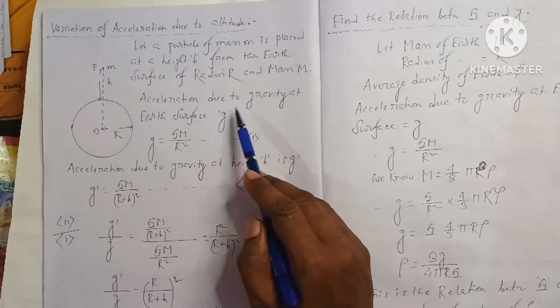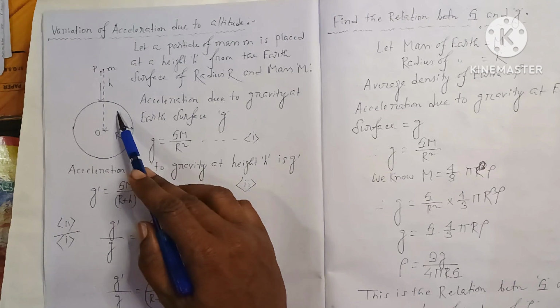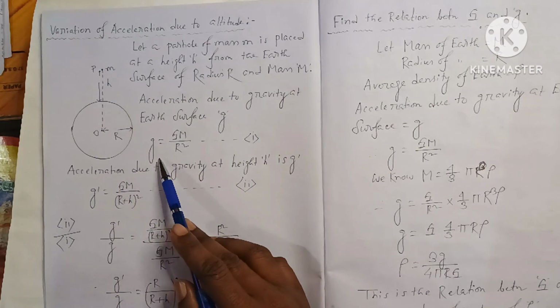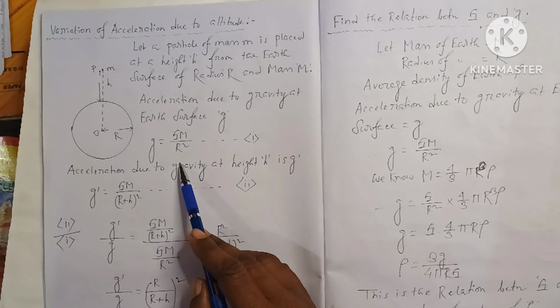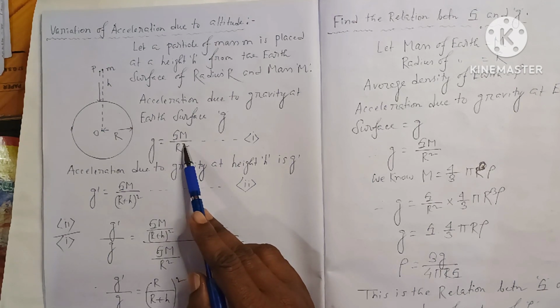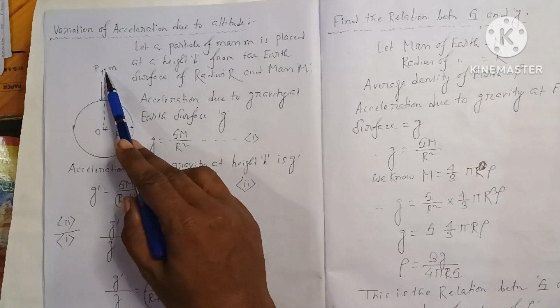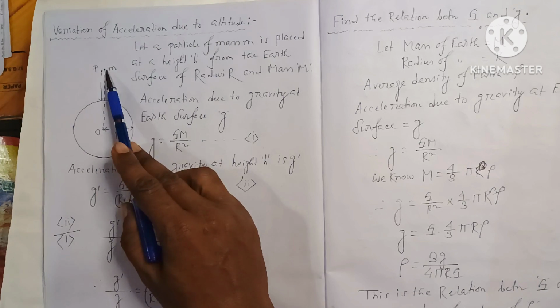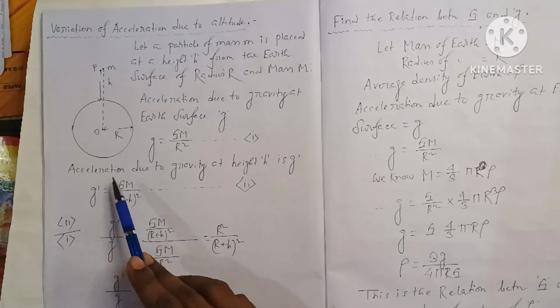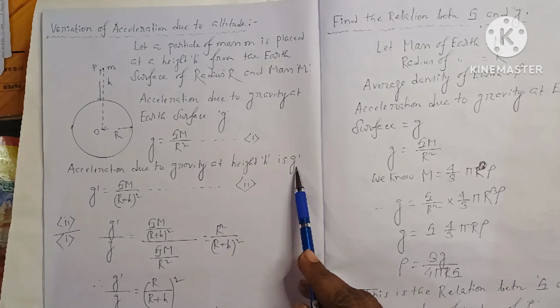So the acceleration due to gravity at Earth's surface is g, and we can write g equals GM by r square, equation 1. G is the gravitational constant, M is the mass of the Earth. At the point where small m is situated, the acceleration due to gravity at height h is g dash.